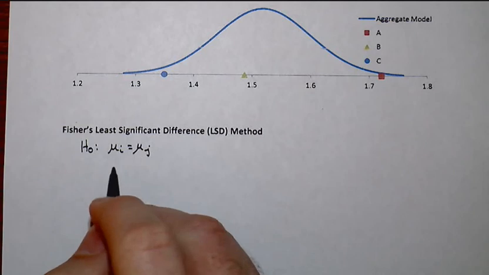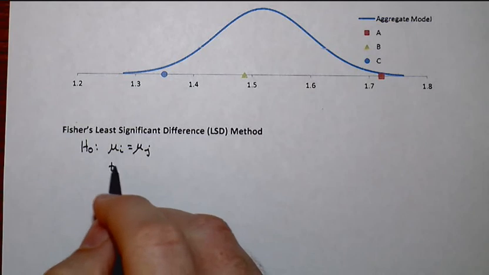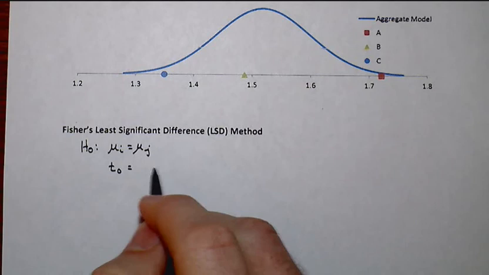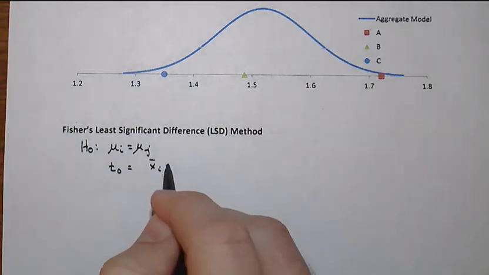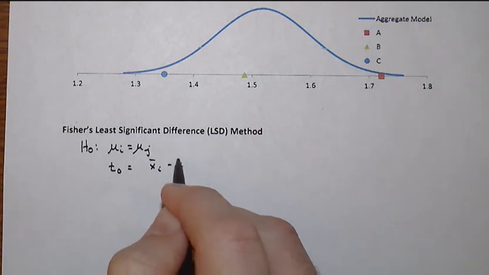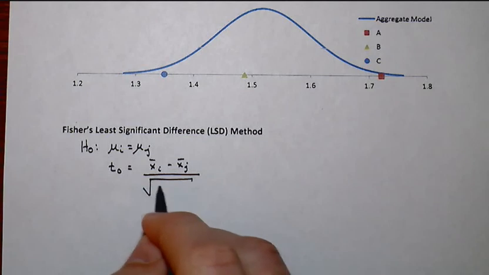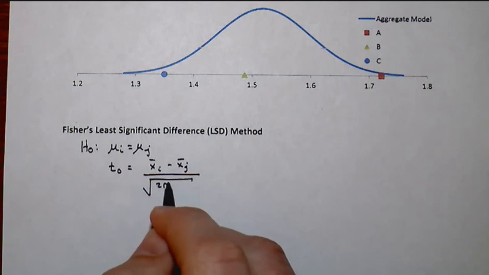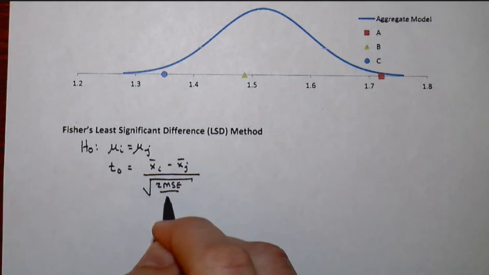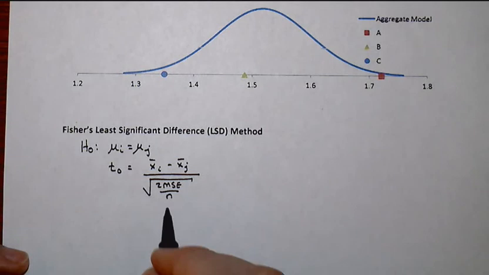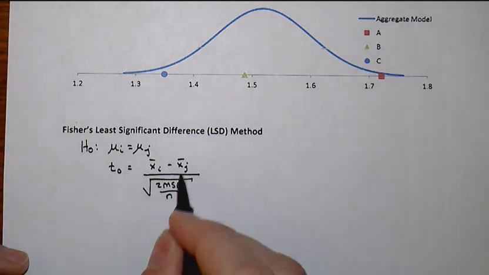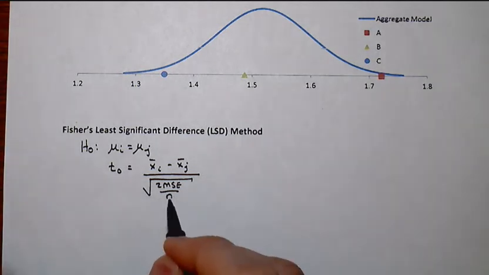Our test statistic is going to be t-distributed, so we have t naught equal to x bar, the sample mean for one, minus the sample mean of the other, all over the square root of twice the mean squared error divided by lowercase n. Again, this is a lowercase n, not capital N, and not n sub i. If you have mixed sample sizes, then we have to adjust the formula a little bit, if n_i does not equal n_j. This assumes that it does.